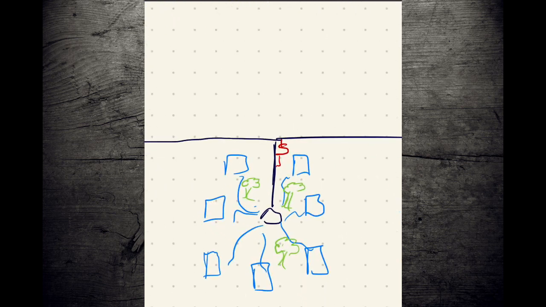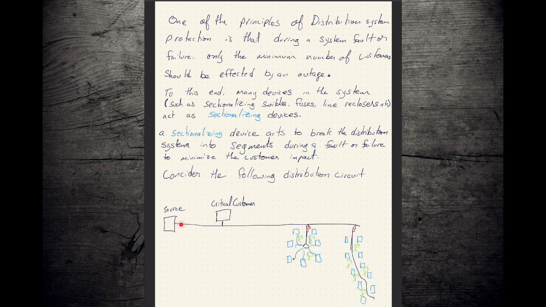If we end up with a fault on one of our secondaries, we want to make sure that it's the transformer fuses that operate instead of the fuse at the road. So these fuses and back here at the source, the settings in that breaker all have to be set up in such a way that the furthest downstream device is the one that gets to operate.